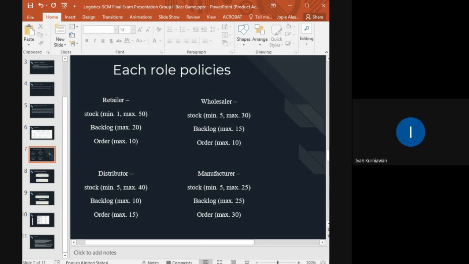We try to avoid the backlog exceeding 20, right? Now my question: what if the backlog is exceeding 20, however your maximum order capacity is only 10? Are you going to change the policy over here, the maximum order of 10, or how are you going to manage that particular kind of situation?